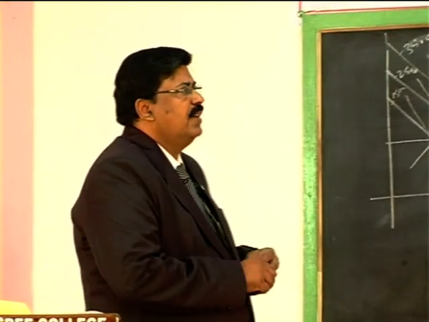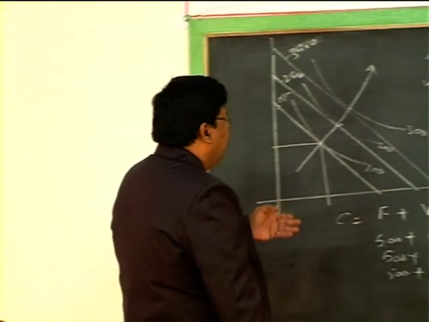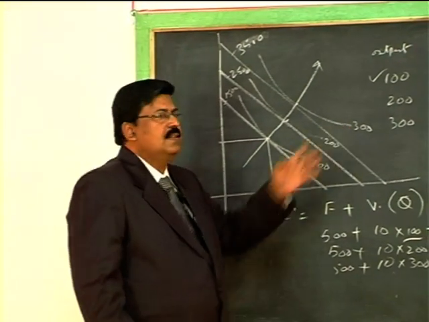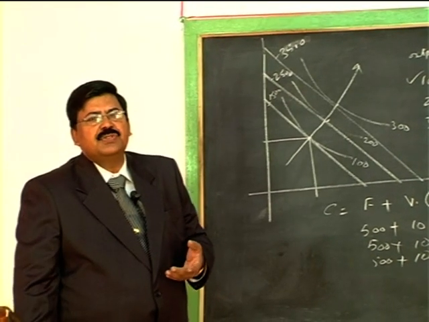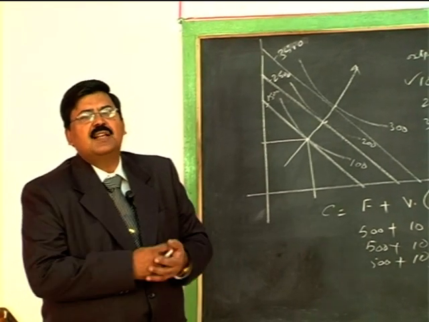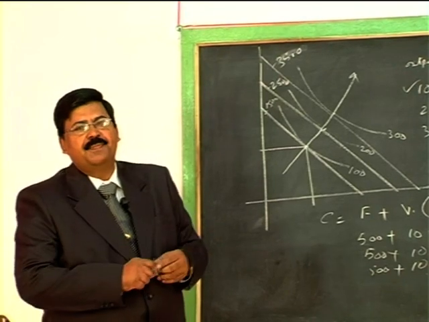Let us start with a simple isoquant and isocost map, or production with two variable inputs. In the earlier sessions, we have used this isoquant for 100 units, 200, 300. This is the isoquant map, and the slope of the isoquant gives the ratio of marginal productivity of two inputs.